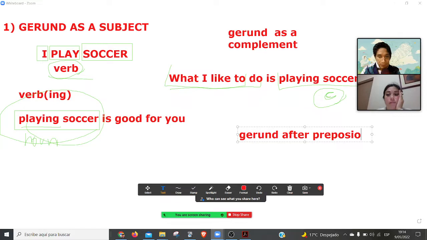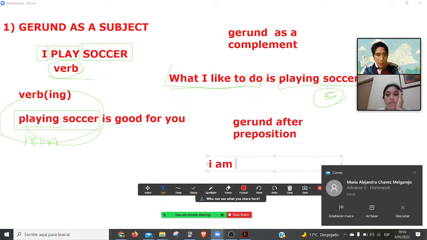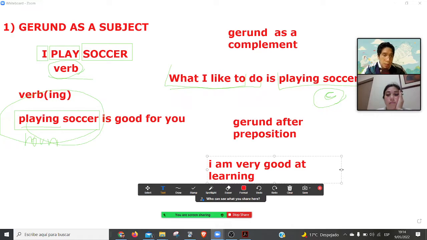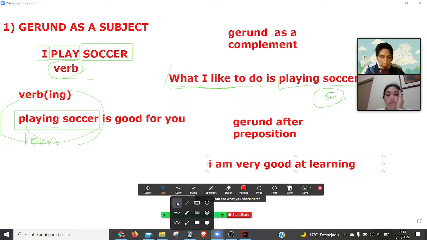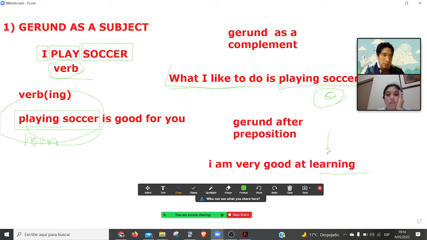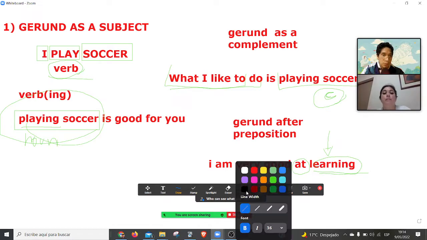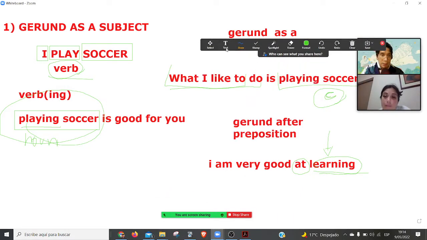Then you will have the gerund after prepositions. This is just a review. You know this. I am very good at learning, for example. After a preposition, you have to add the ing form. So this is the gerund after the preposition. You got it?